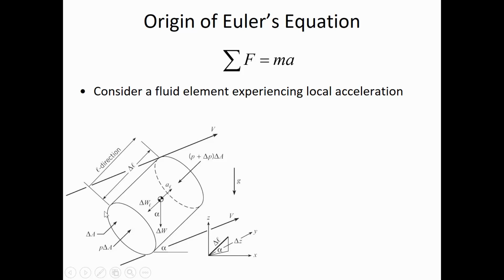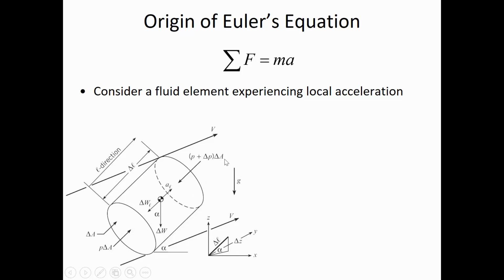So there's some pressure that you could measure at the bottom edge of that cylinder, and if you go some distance delta L in the direction that it's accelerating, then there'd be a different pressure. There'd be the original pressure plus some change.